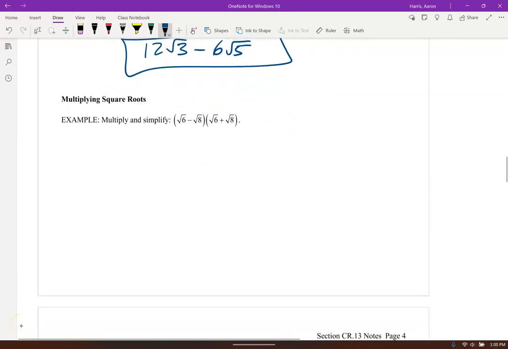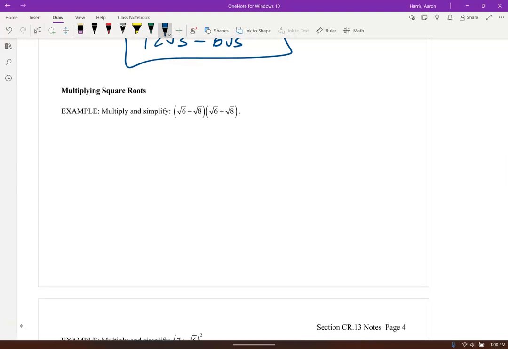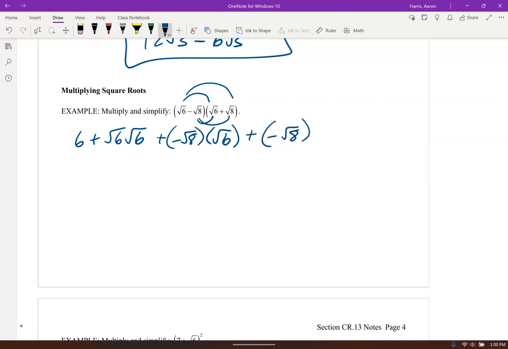Alright, let's go ahead and FOIL now. Let's multiply square roots. So square root of 6 times square root of 6, square root of 36, or 6. Plus, now we do the outer. Square root of 6 times square root of 8. Now we do the inner. Negative root 8, root 6, and then finally we do the last, plus a negative root 8 times a positive root 8.